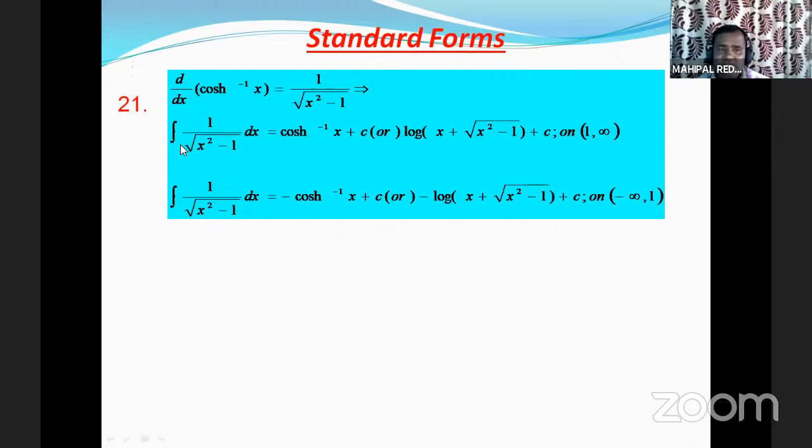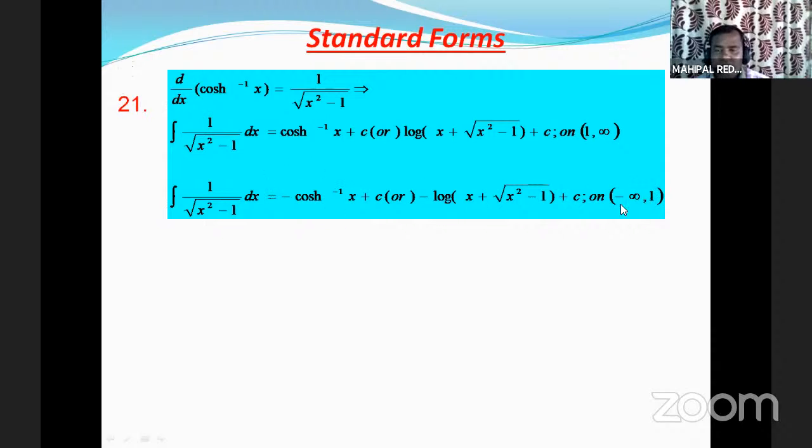So from this, we get the integration of 1 by under root of x square minus 1 dx equals cosh inverse of x plus c, or log of x plus under root of x square minus 1, plus c, when the domain is x belongs to 1 to positive infinity.